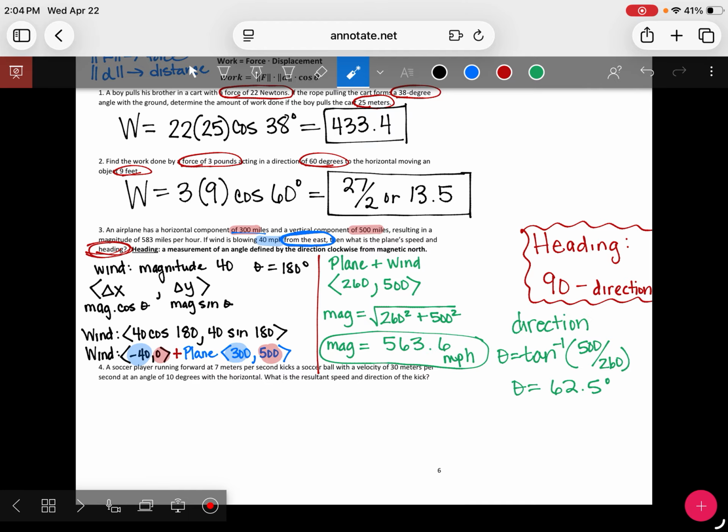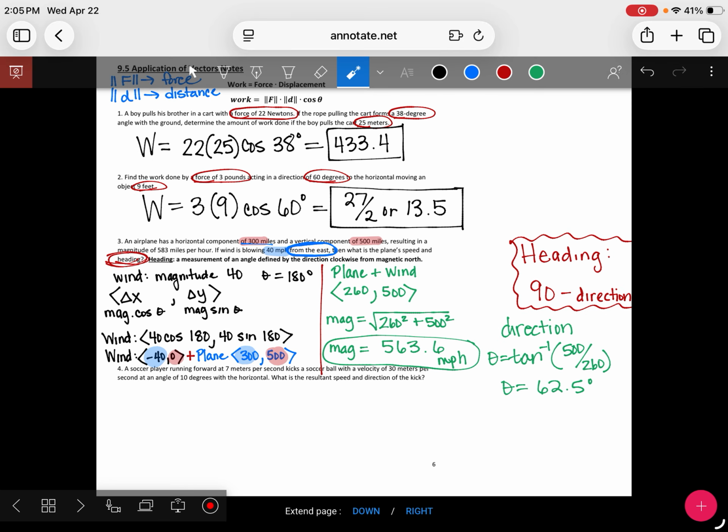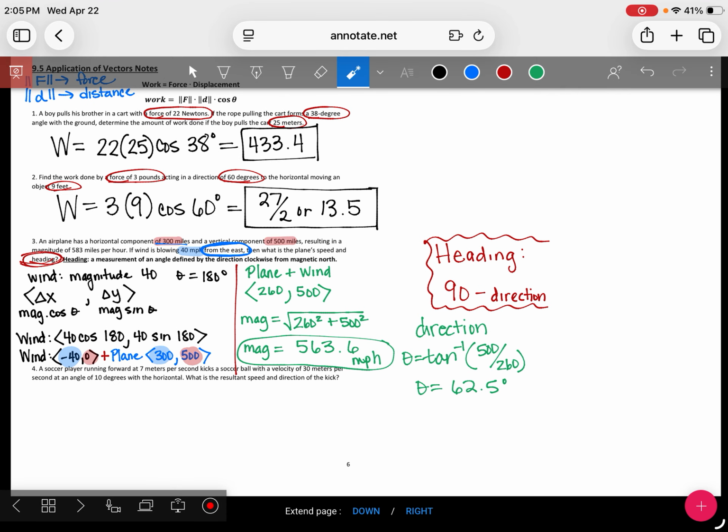So you have to take 90 minus the 62.5. Only when it asks you for heading. So my heading for this example is 90 minus 62.5, which is 27.5 degrees.